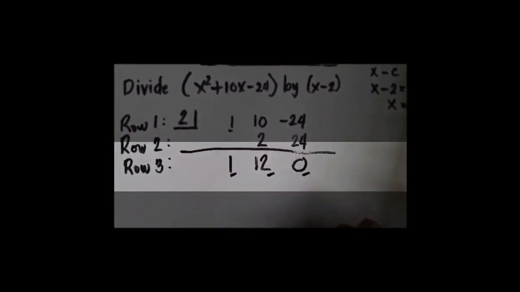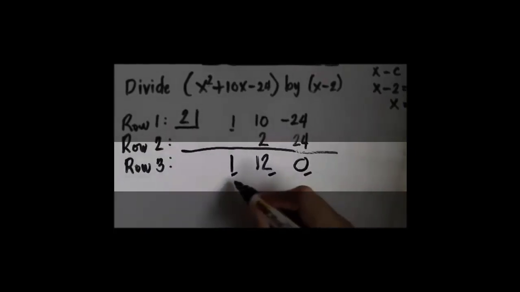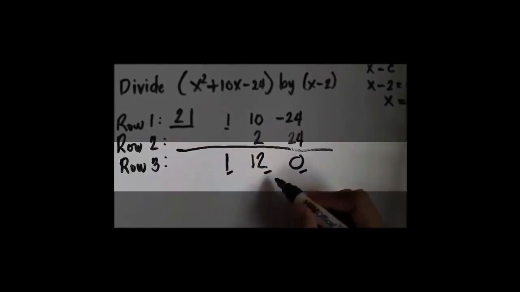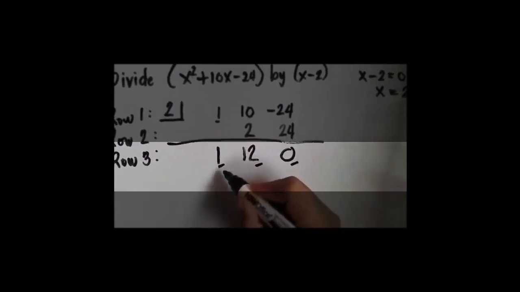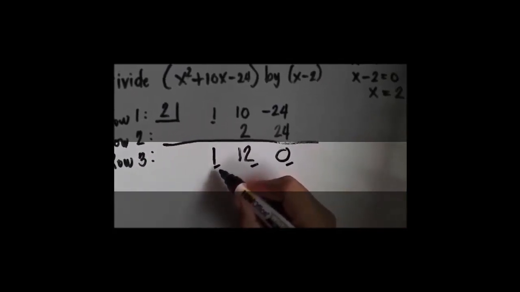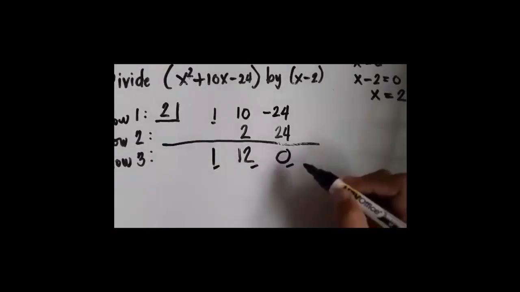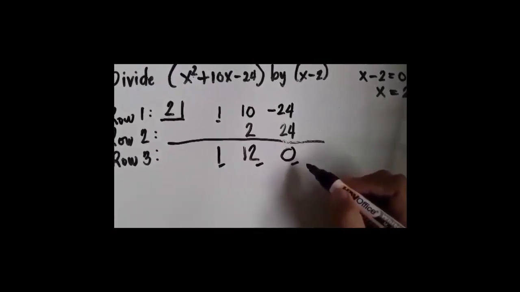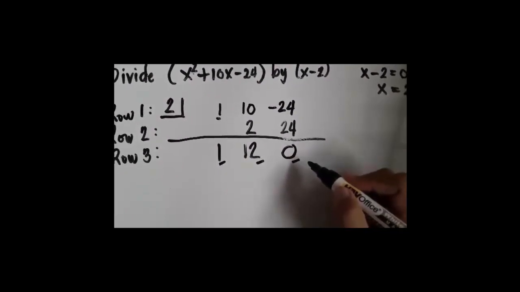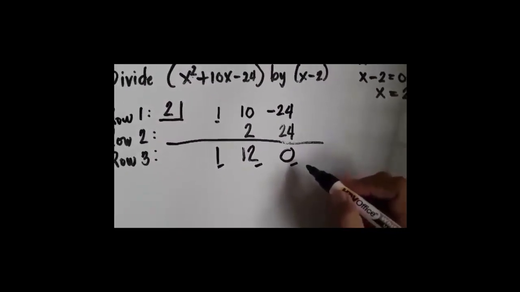So, the numbers in row 3 are the coefficients of the variable of the quotient. Ito raw po, yung mga coefficients ng ating variable doon sa row 3. So, at the same time, ito rin ang magiging coefficients ng ating sagot or quotient. So, the powers of the quotient are in descending order, wherein the first term of the quotient is always 1 degree less than that of the dividend.